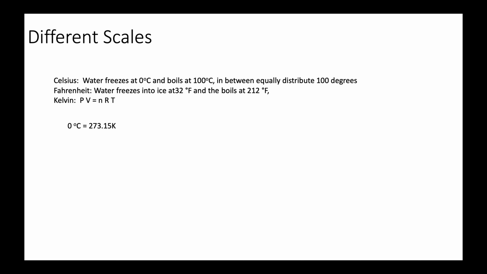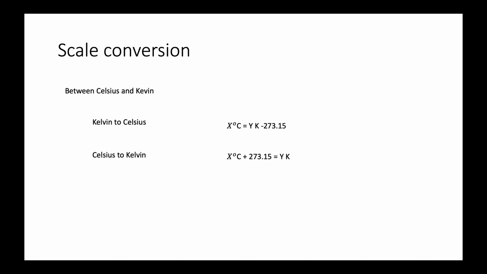All right, so now let's talk about how you do these conversions. First is between Celsius and Kelvin, the easiest of all three. If you're going from Kelvin to Celsius, you subtract 273.15.